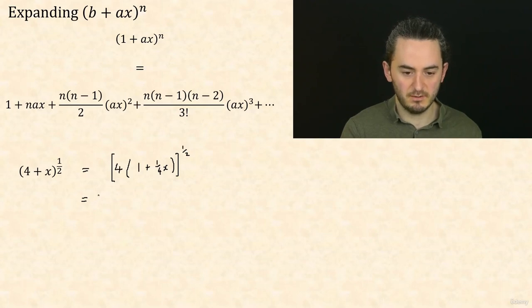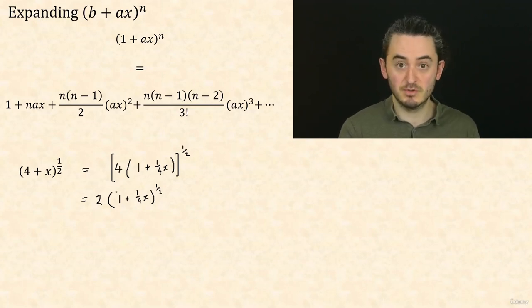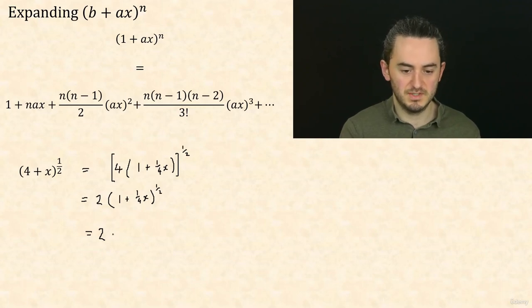So it's 4 to the power of a half, which is 2, and 1 plus a quarter x to the power of a half. And now look, I can use my expansion on this bracket, and then whatever I get, I'll just multiply it by 2. And by the way, that 2, just to be clear, is because it is 4 to the power of a half, which is the square root of 4, which is 2.